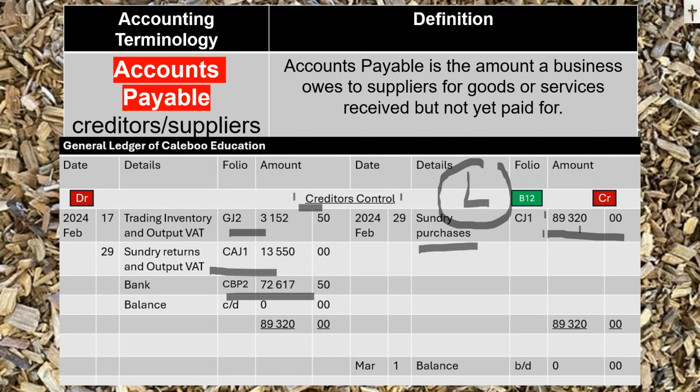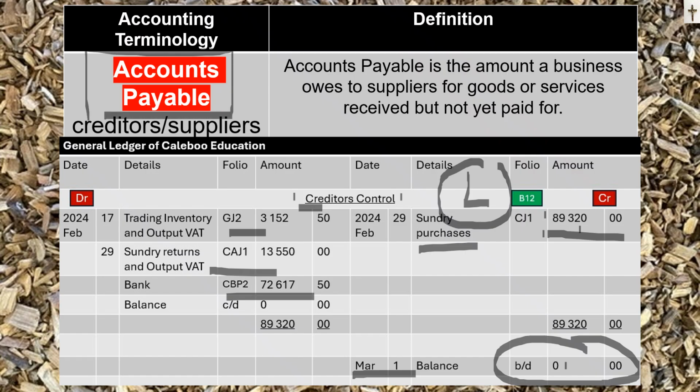And the balance, interestingly, at the end of February, March the 1st, according to our books, we owed our creditors 0. You will do a creditors reconciliation also later in this course. But accounts payable is a general ledger account which summarizes all your individual creditors.